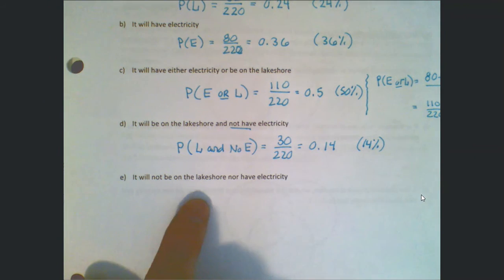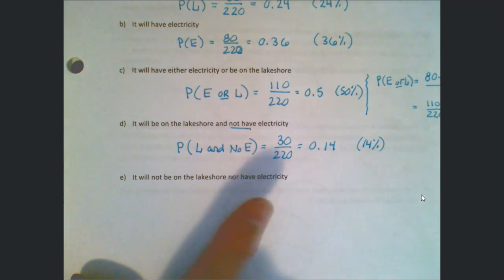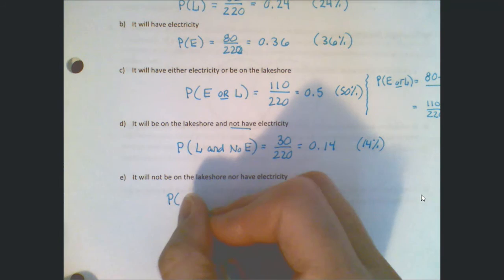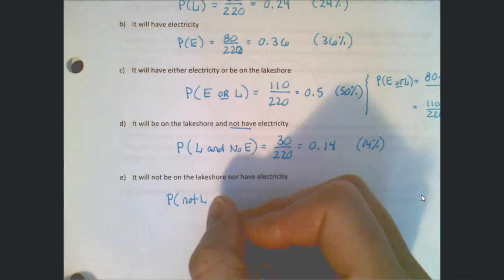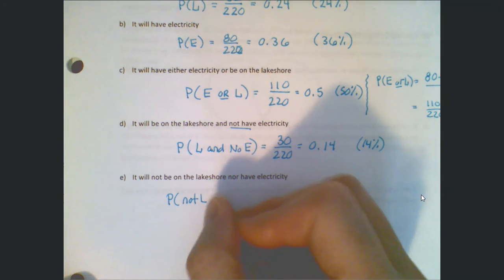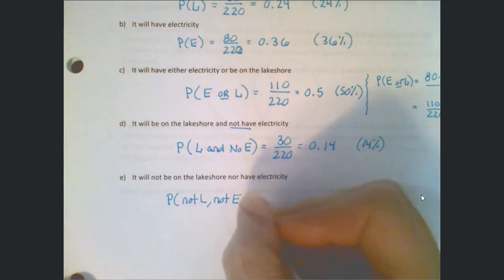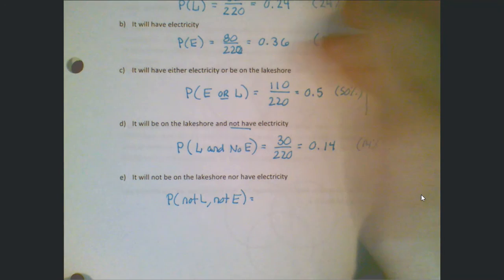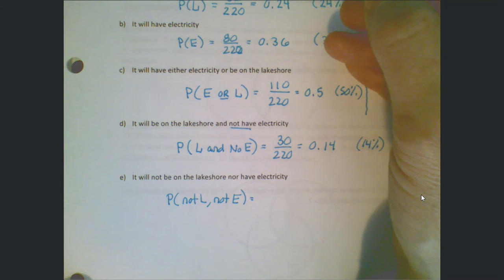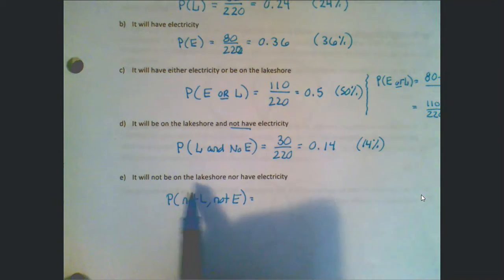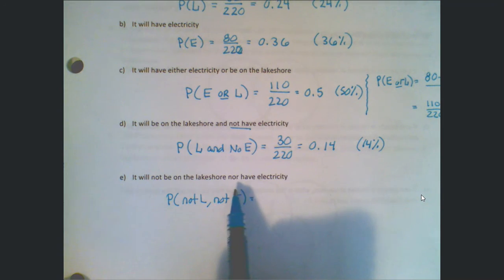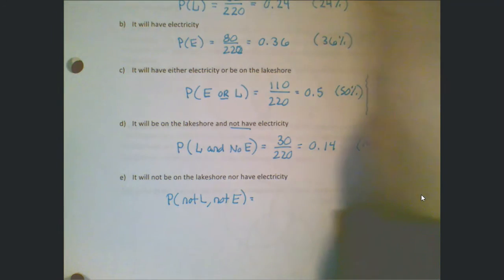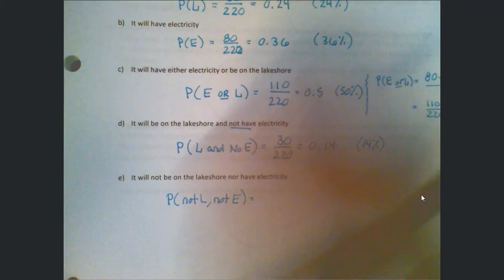Okay, another option here says it will not be on the lakeshore nor have electricity. So the probability that it's not lakeshore and not electricity. Well, those are all gone, those 110. So the probability that it will be neither of them is everything that's shaded outside of the Venn diagram.